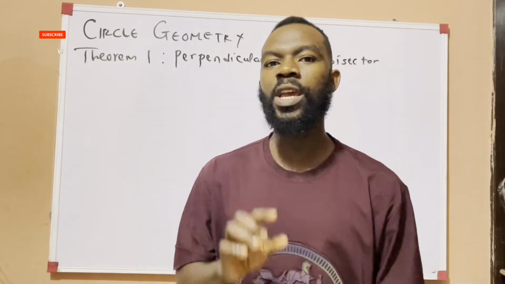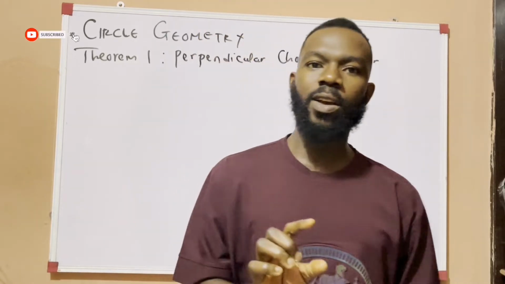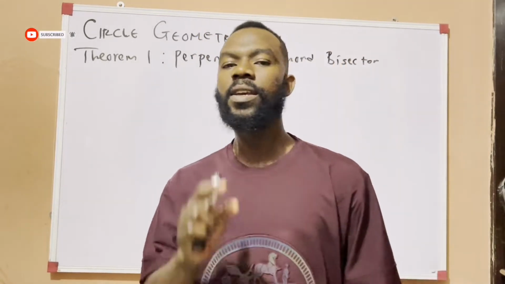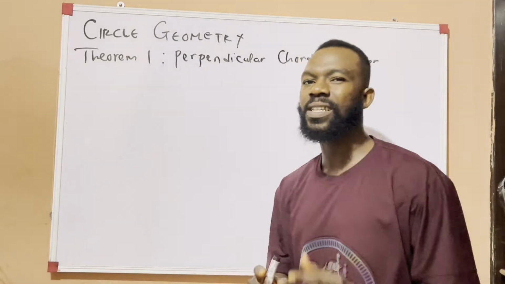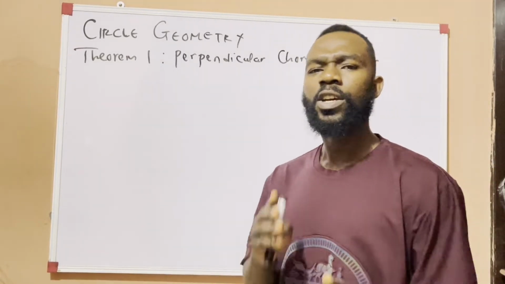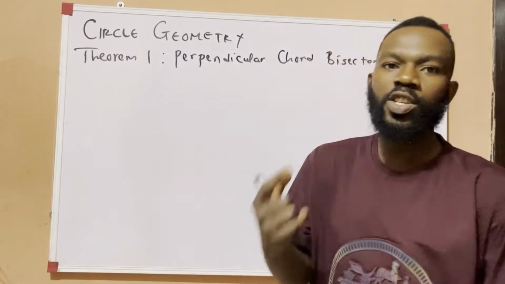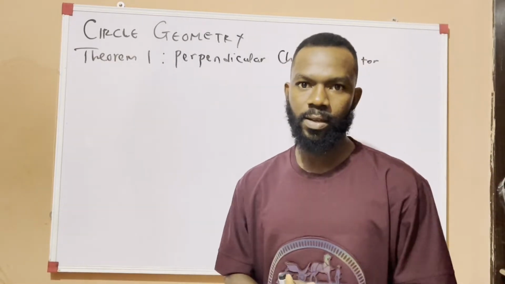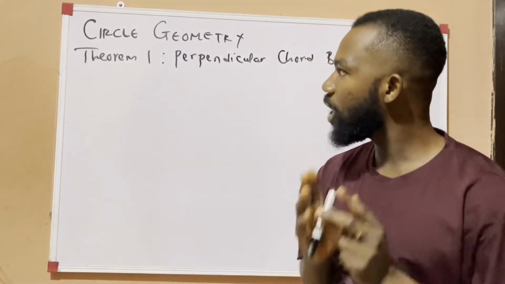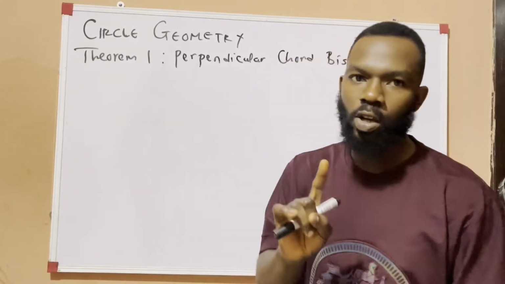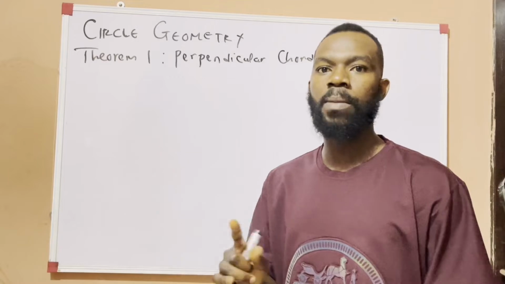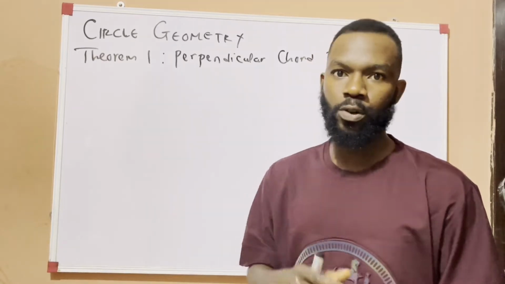Today we will begin the topic circle geometry. For you to understand circle geometry properly, you need to know the theorems that govern it. In each of our videos from today, we will be discussing each theorem in a video.